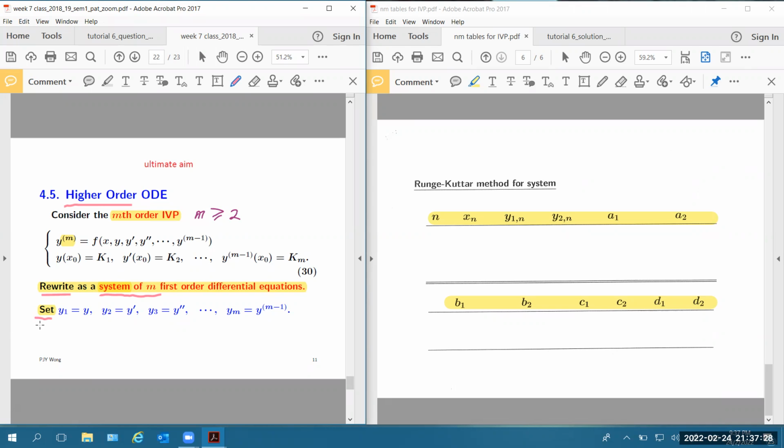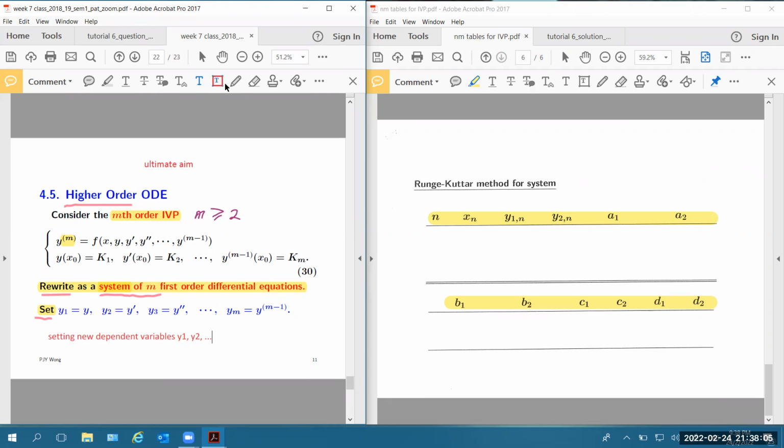We set new dependent variables, called y1, y2, and so on. You see, previously it was only called y, right? So now we are setting new dependent variables called y1, y2, and so on.